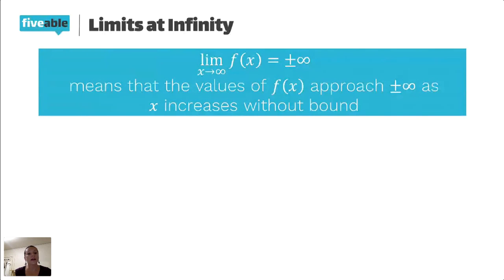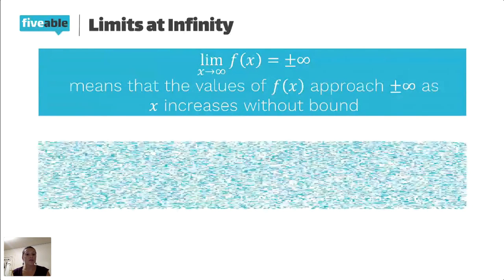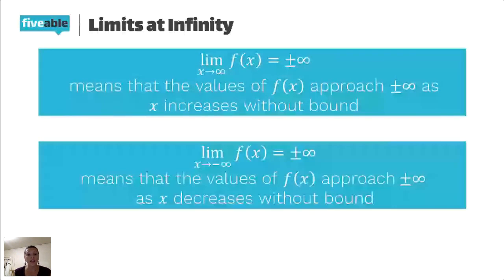And similarly, as I take a limit of a function where my x goes to negative infinity, again, it might approach positive or negative infinity, okay? But these are the scenarios that you're going to come across, these two situations, when you have a top-heavy problem. And again, it's important to pay attention to what the function you're dealing with is in relationship to whether you're approaching positive infinity or negative infinity.